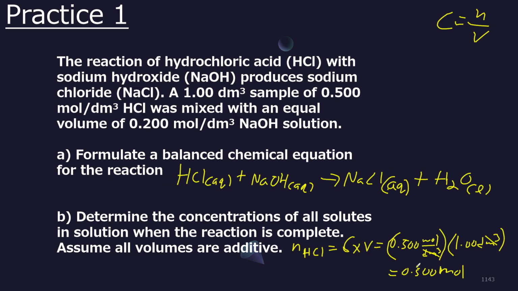It says an equal volume of NaOH, so number of moles of NaOH also equals C times V. So we'll have 0.2 mole per decimeter cubed, multiplied by the volume, which was the same, 1.0 decimeter cubed. So that will come out to 0.2 moles.